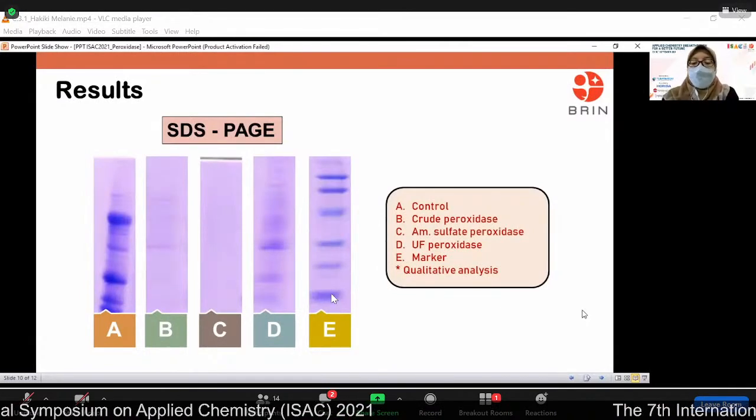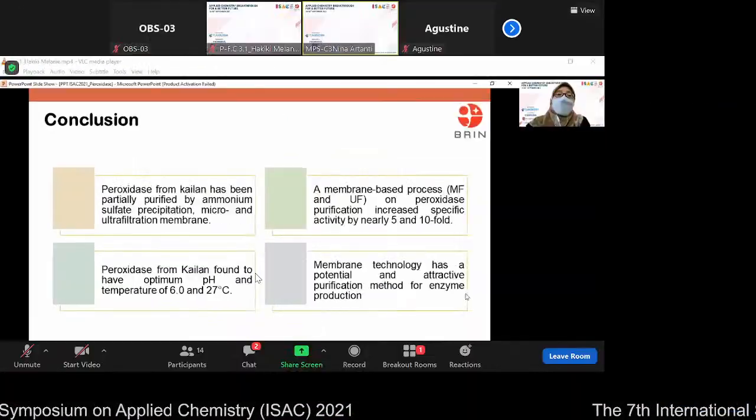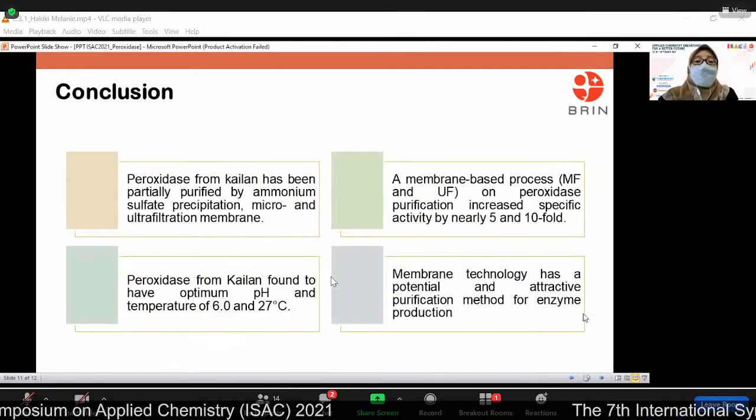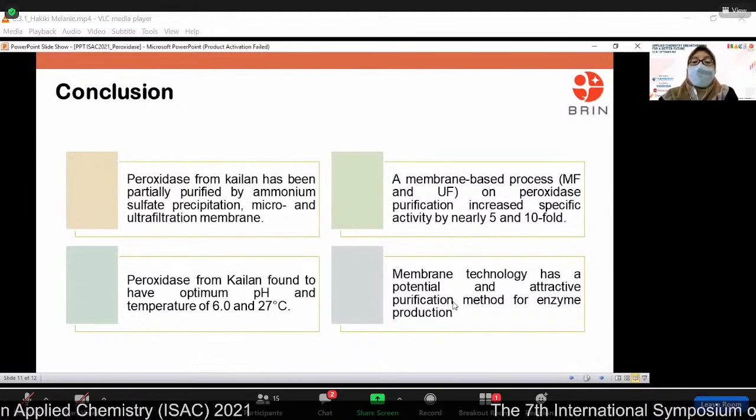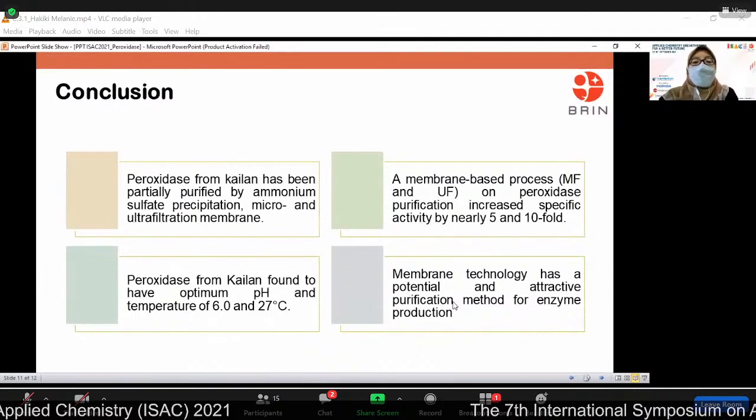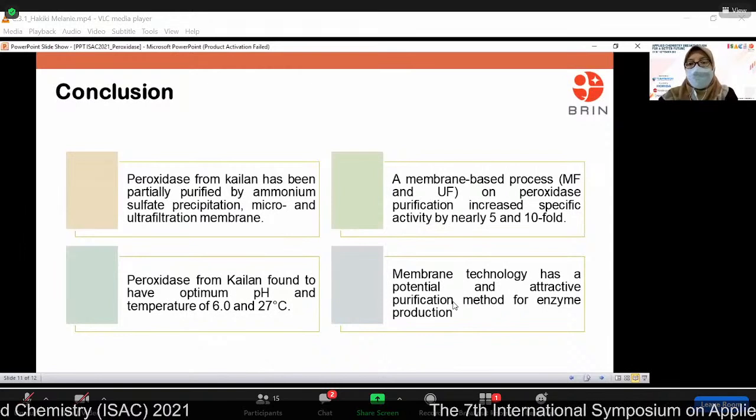to 95 kilodaltons. The conclusion of this study is that peroxidase from Thailand has been successfully partially purified by micro- and ultrafiltration membranes. Peroxidase from Thailand was found to have an optimum pH and temperature of 6 and 27 degrees Celsius.